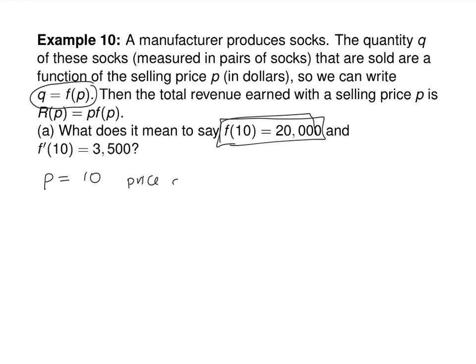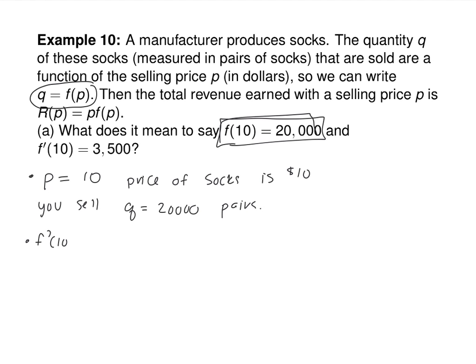So price of socks is $10. You sell how many? Q equals 20,000. I assume they're sold in pairs. Okay. That's what that means. Does that make sense? Okay.